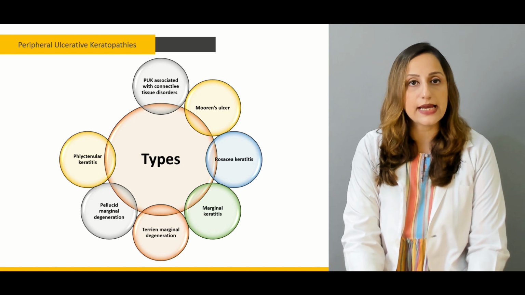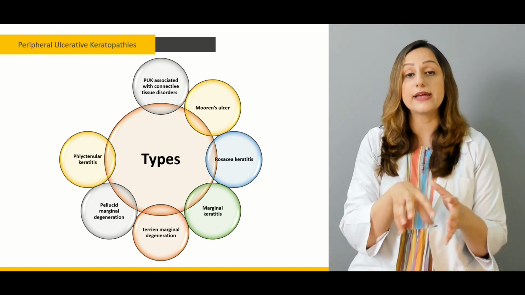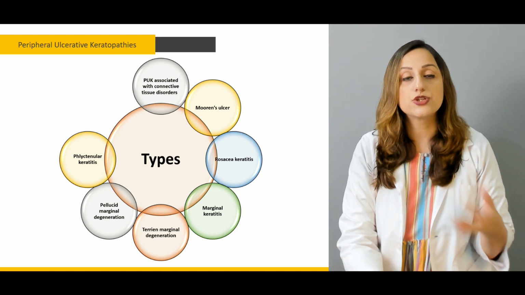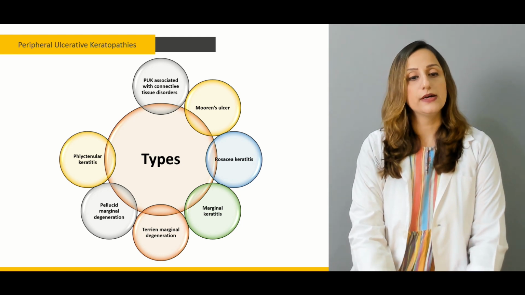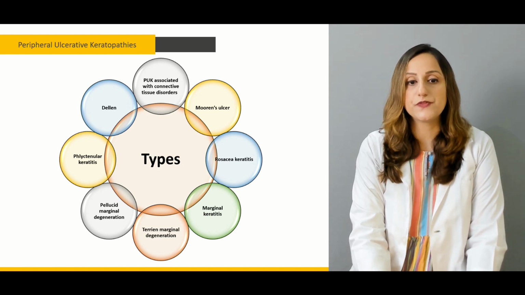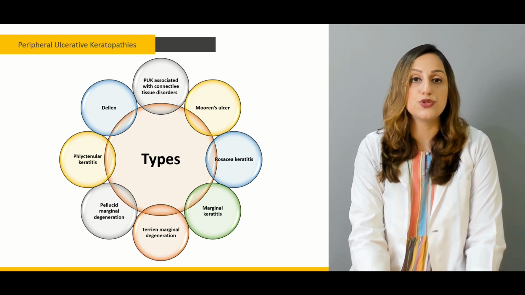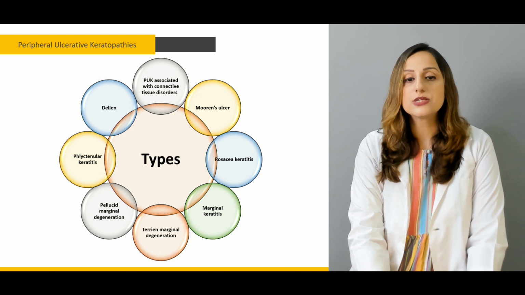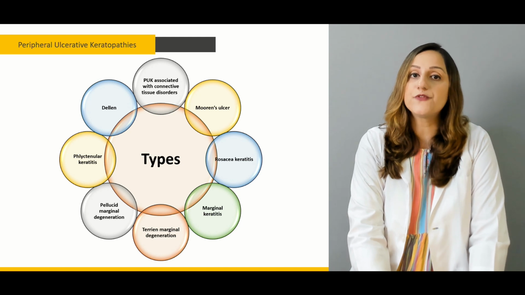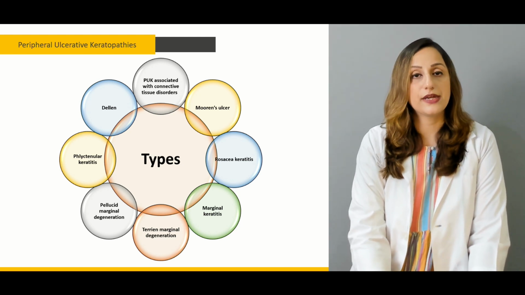Phlyctenular keratitis is basically a kind of keratitis which has the development of follicles in it. This is one of the kinds of peripheral keratitises that you would observe. And then we have another variant which is known as Dellen keratitis. These are some of the subclassifications of the peripheral variety of ulcerative keratitis.